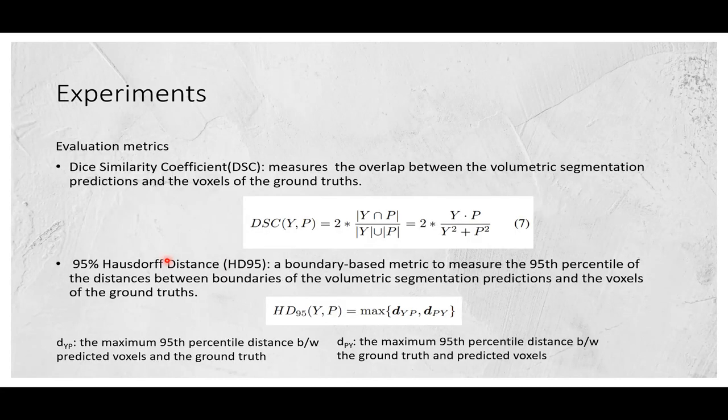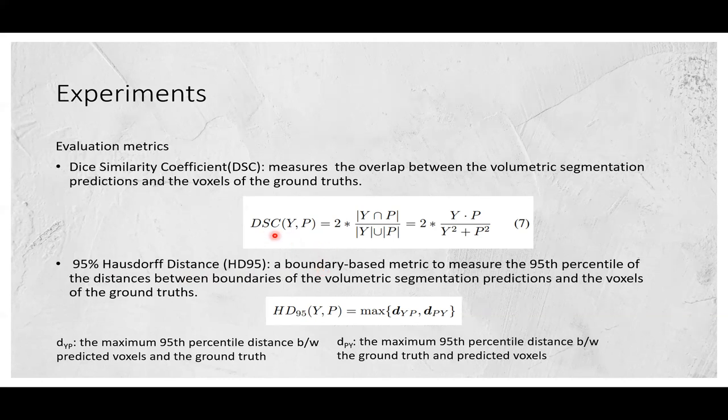In evaluation metrics, to evaluate the performance of different models, we are using two metrics. One is the DICE similarity coefficient, and the other one is the 95th percentile Hausdorff distance.